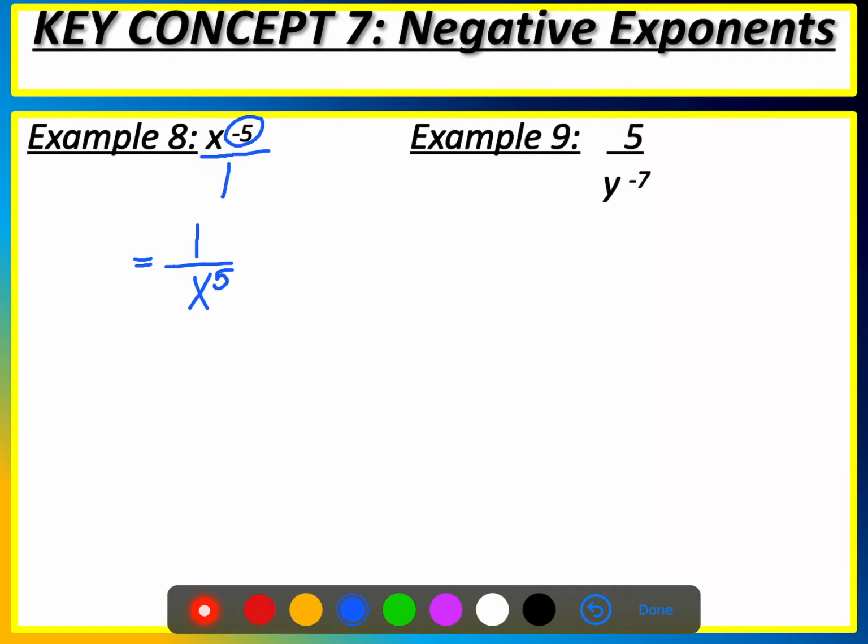And the same thing now in example 9. I have y to the negative 7th in the bottom. If I bring it up to the top, I can change it to a positive exponent.